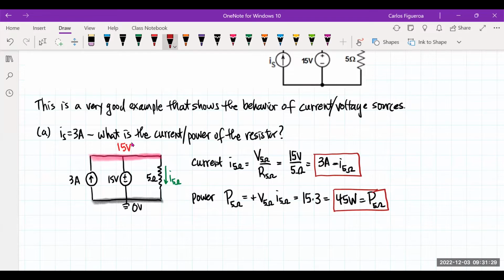Now what we want to do here is analyze the circuit a little bit more. So we're going to analyze the circuit by following the current.